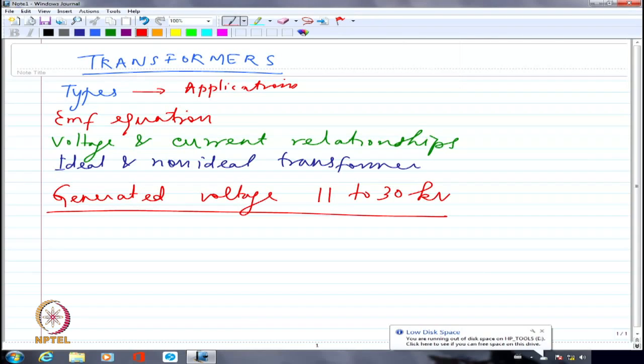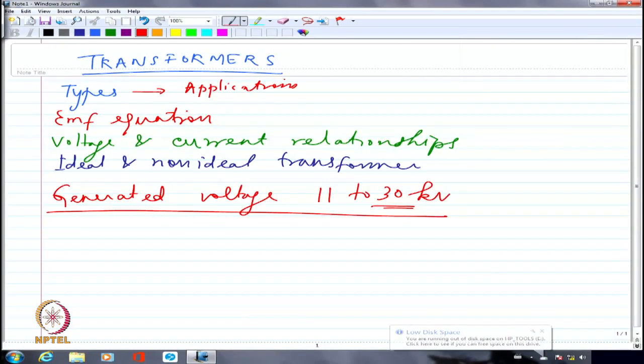So the insulation will become thicker and thicker if I go for higher and higher voltages. So that essentially prevents me from having extremely large voltages because the insulation will become prohibitively thick. I will not be able to place it properly inside the slots. And that's the reason why we generally limit it to less than 30 kilovolts at any rate.